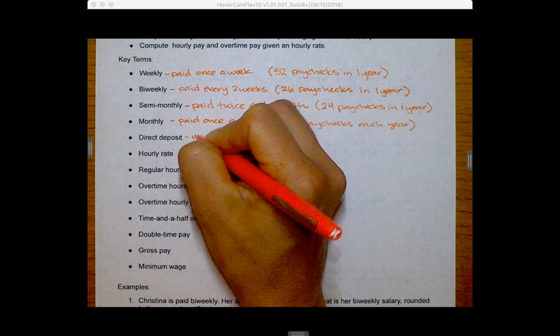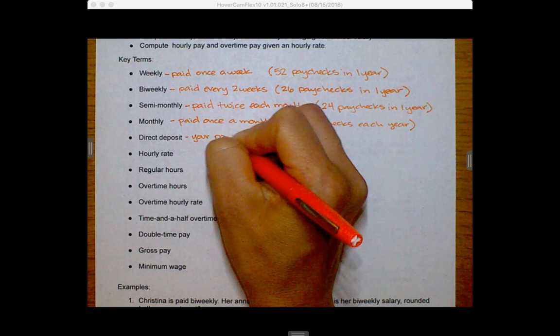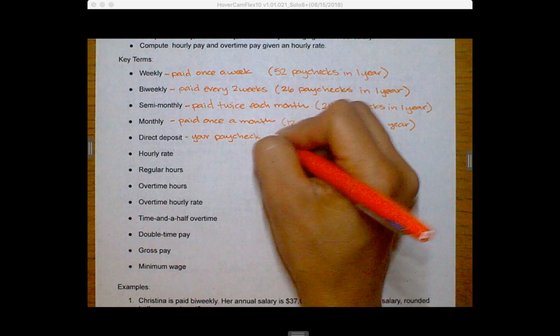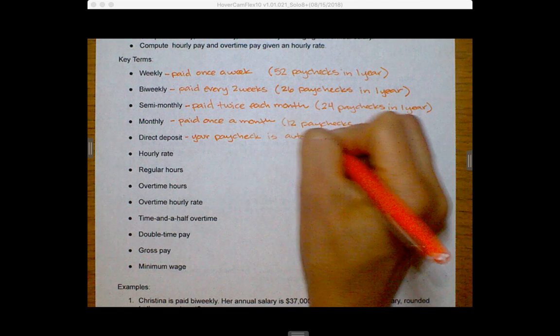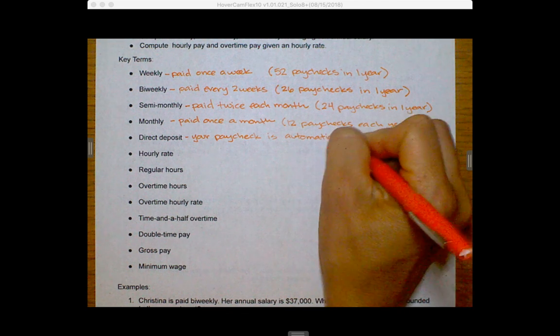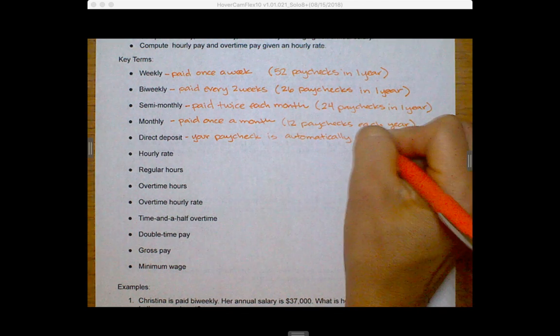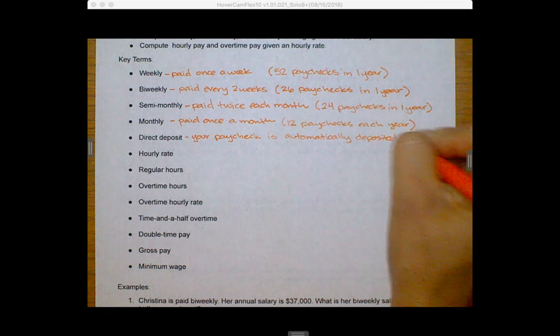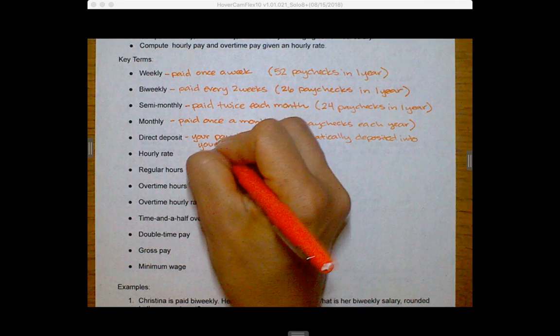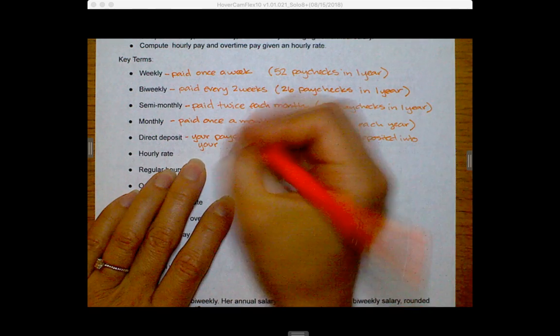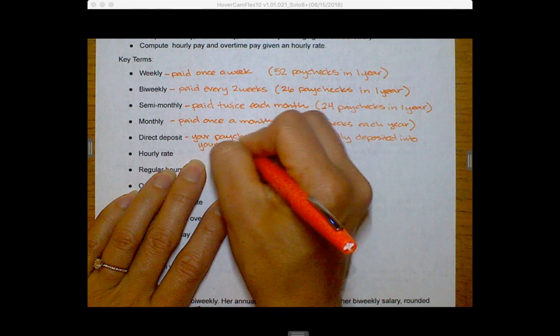Okay, so your check is automatically deposited into your account. And typically, this is into your checking account.